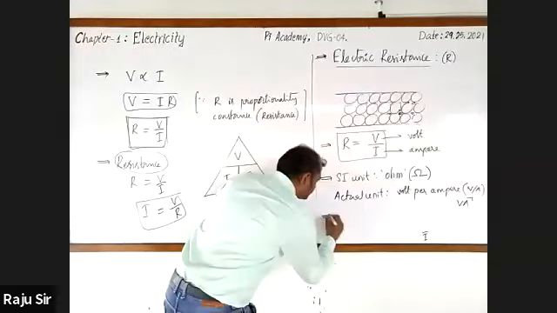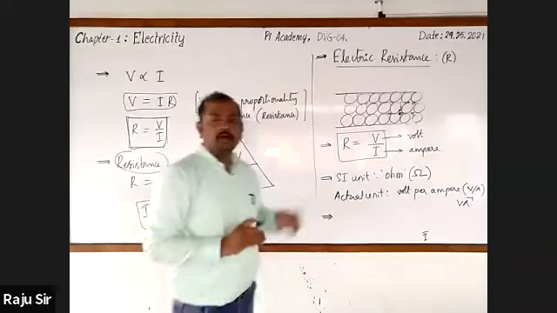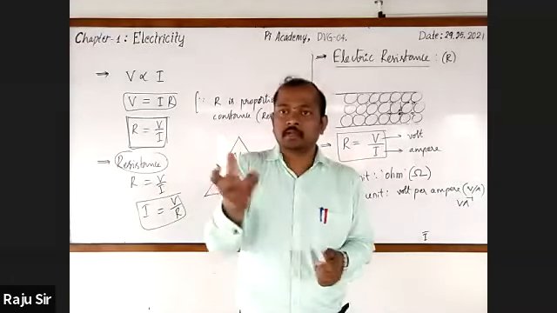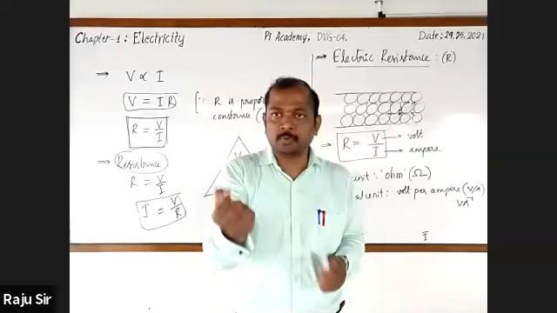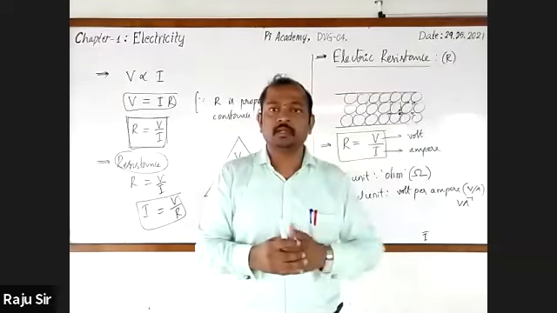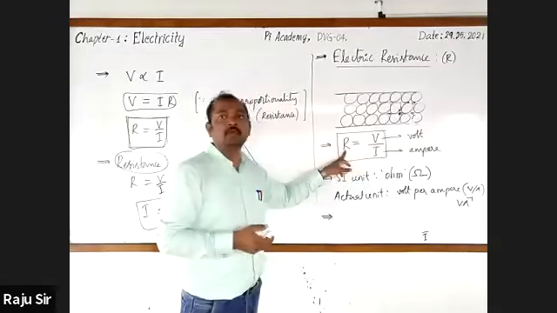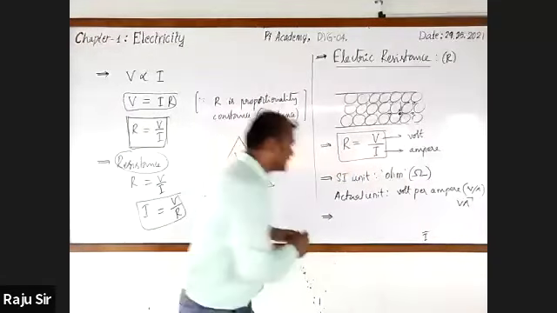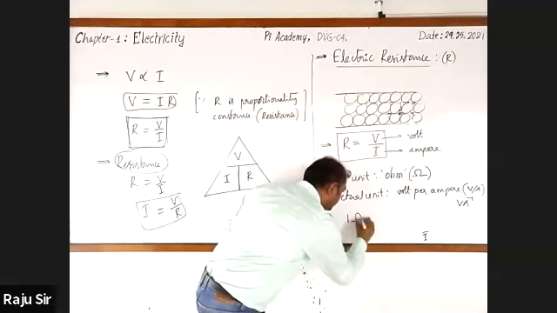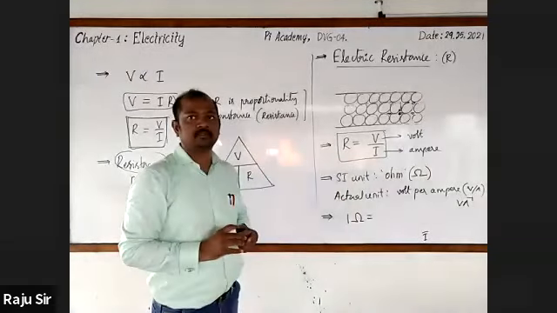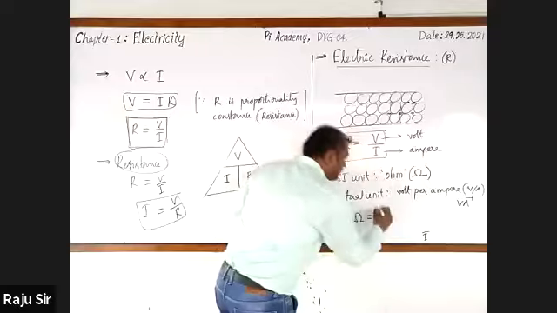Look at it. Assume that the resistance, that is the opposition offered by the conductor to the flow of electrons, is 1 ohm. Under what condition is it so?